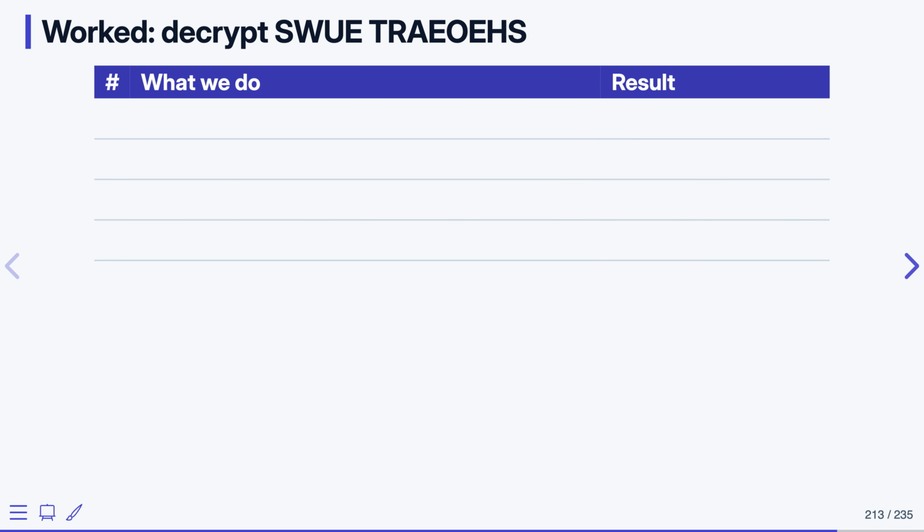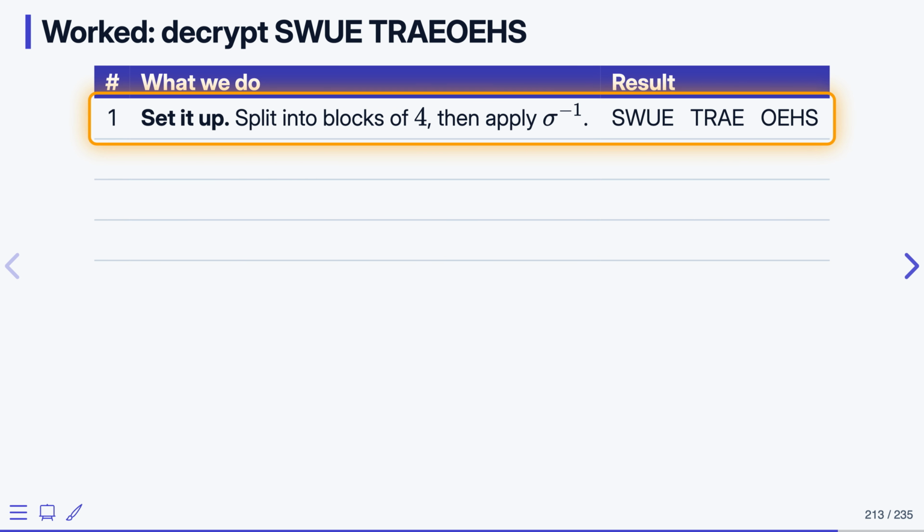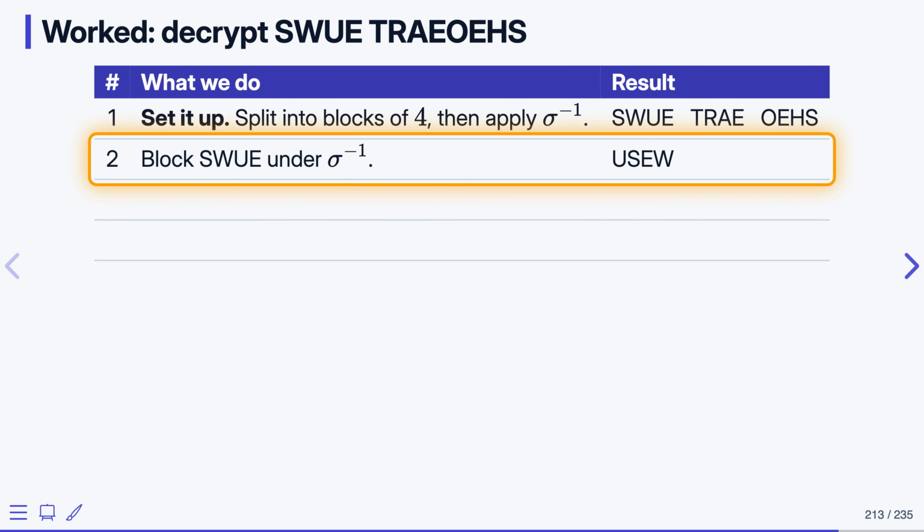Now let's decrypt. Step 1, set it up. Split the message into blocks of 4. That gives SWUE, then TRAE, then OEHS. This time we apply sigma inverse to undo the scramble. Step 2, the first block SWUE becomes USEW.